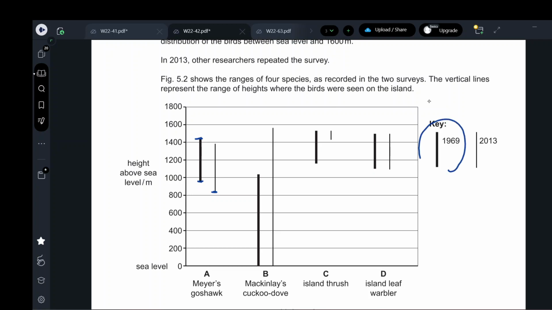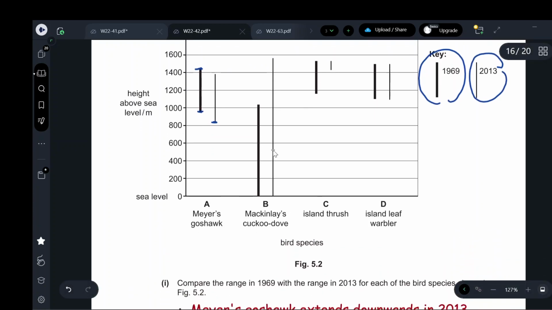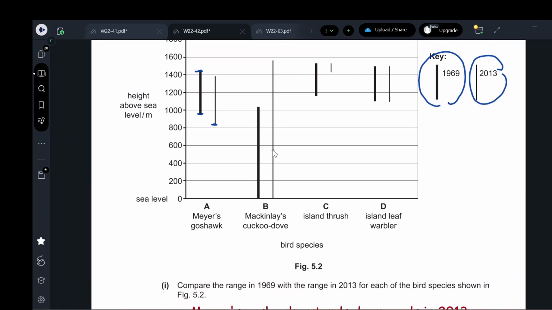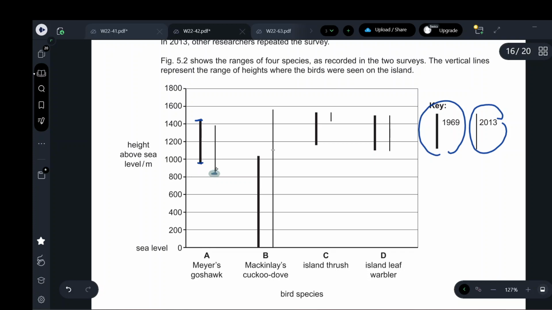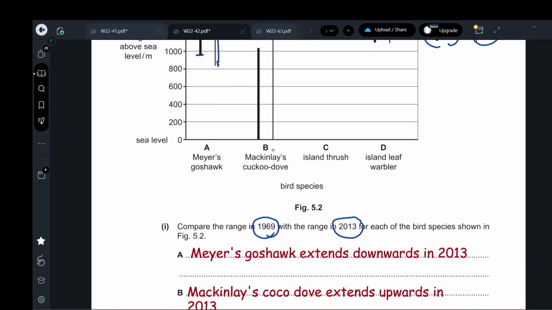In 1969 and in 2013, he is comparing the two years. Compare the ranges in 1969 with the ranges in 2013 for each bird. For bird A, the Mayor's goshawk, they extended a little bit lower. They were here in 1969, but in 2013, they went a little bit lower.